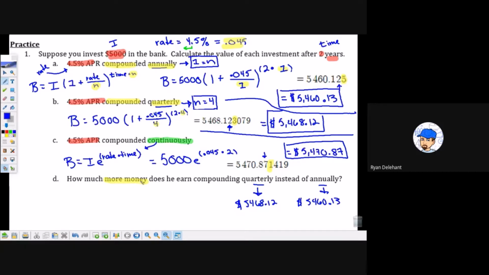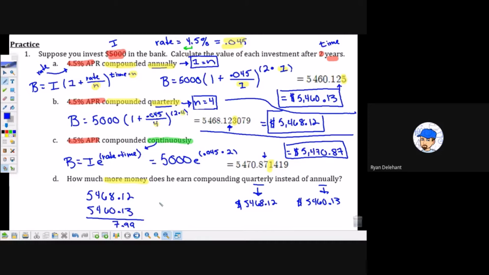But if we look at this, we want to compare. So how much more money quarterly than annually? That asks me to take these two numbers and subtract them. And I'm pretty sure that's $7.99, right?